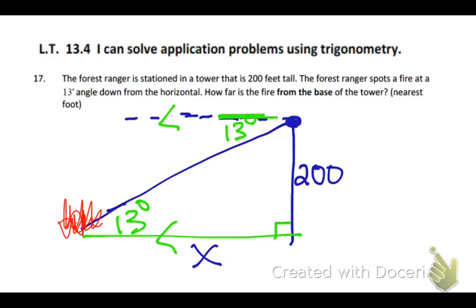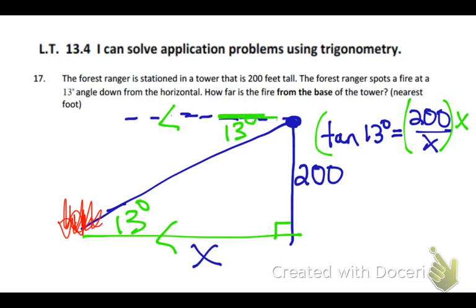So you can see after you draw a good diagram that we have opposite and adjacent. So that's tangent. So we're going to say tangent of 13 degrees is equal to 200 over x. We're going to solve for x. It's a two-stepper.